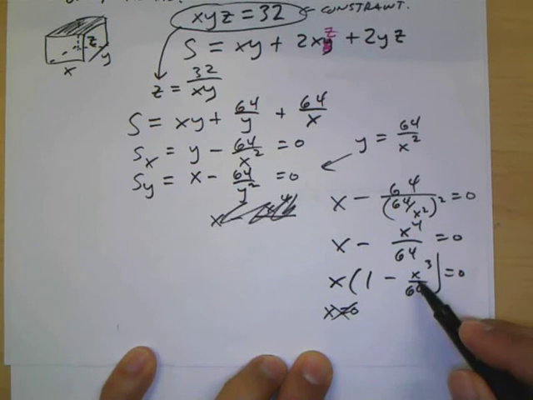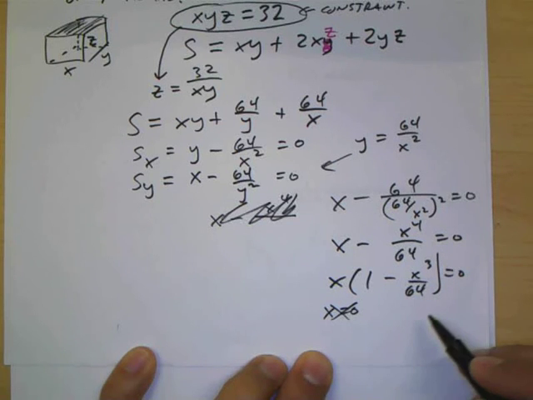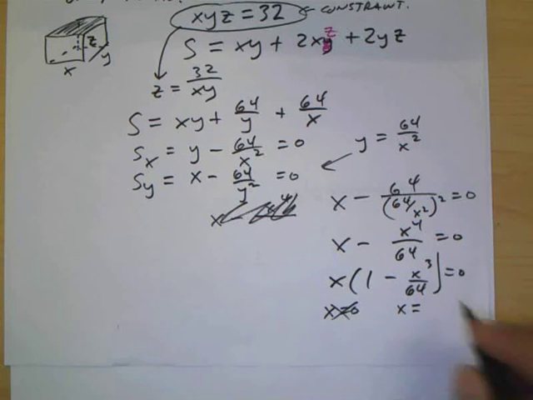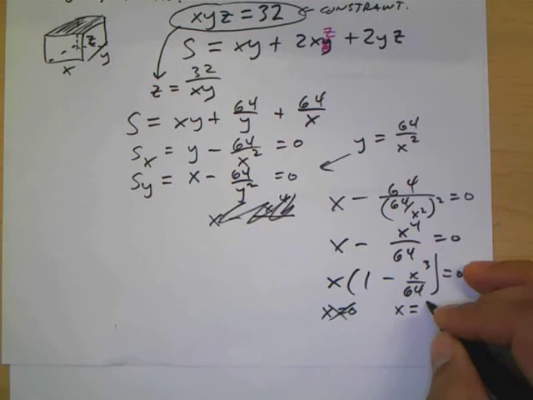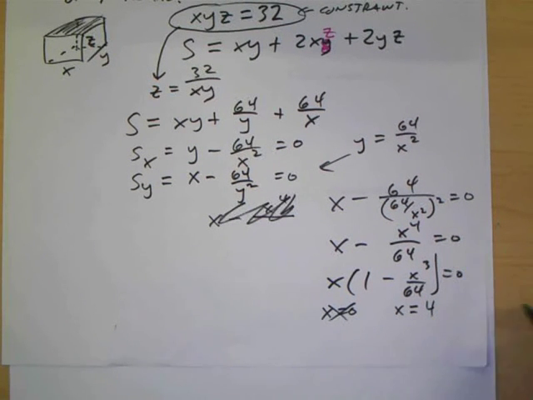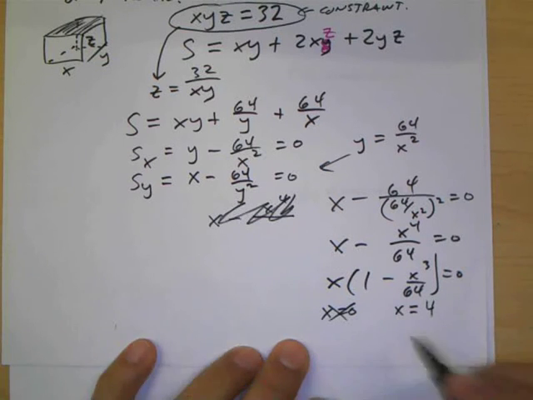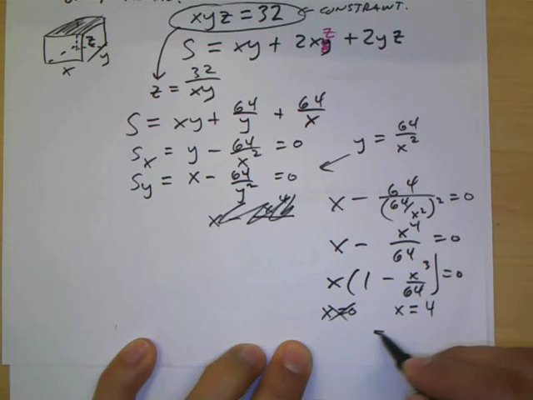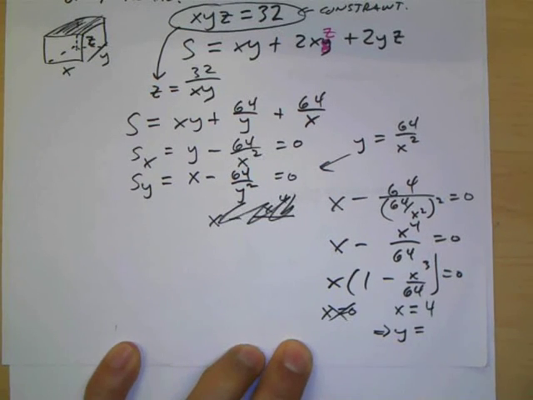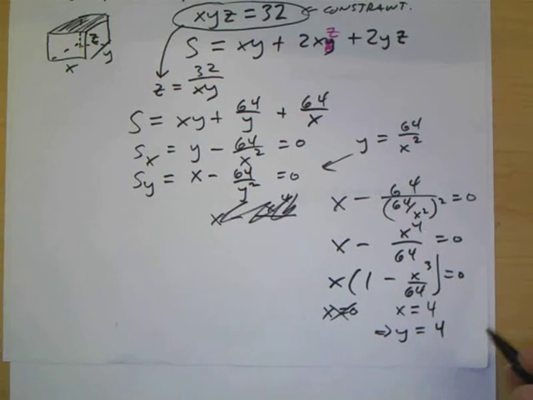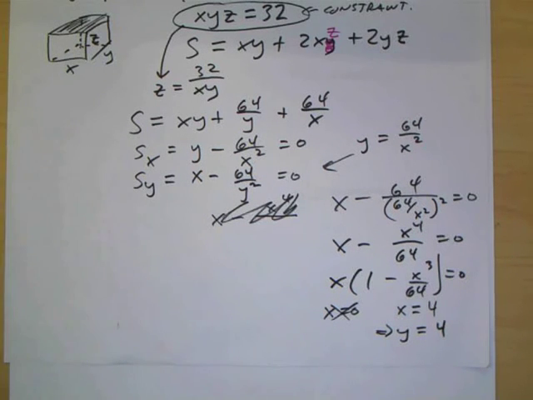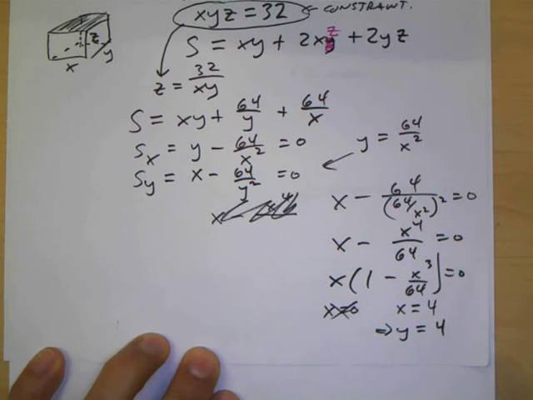What would x be in the second factor? x would be 4, which then means that y is going to be 64 divided by 16, which is also 4. So this is the only critical point that we have.